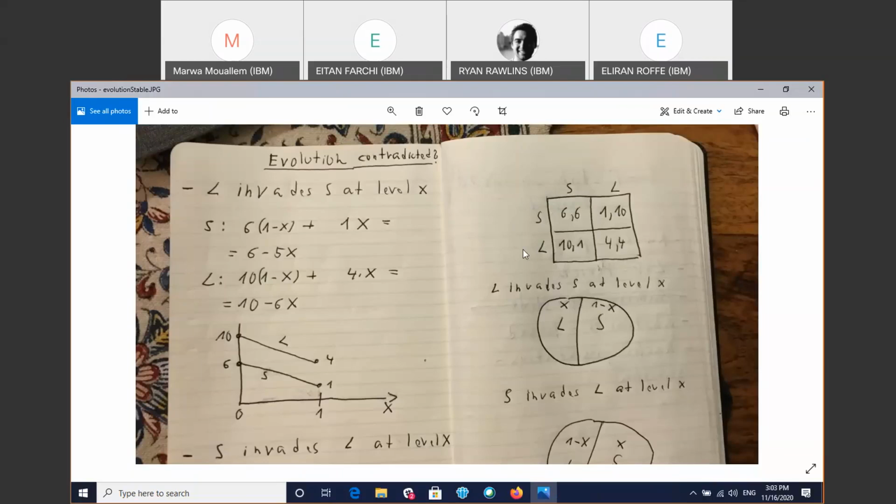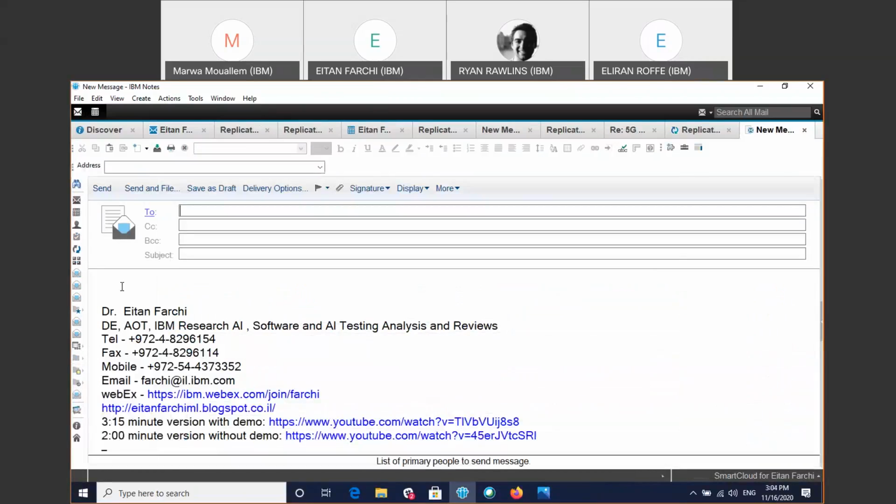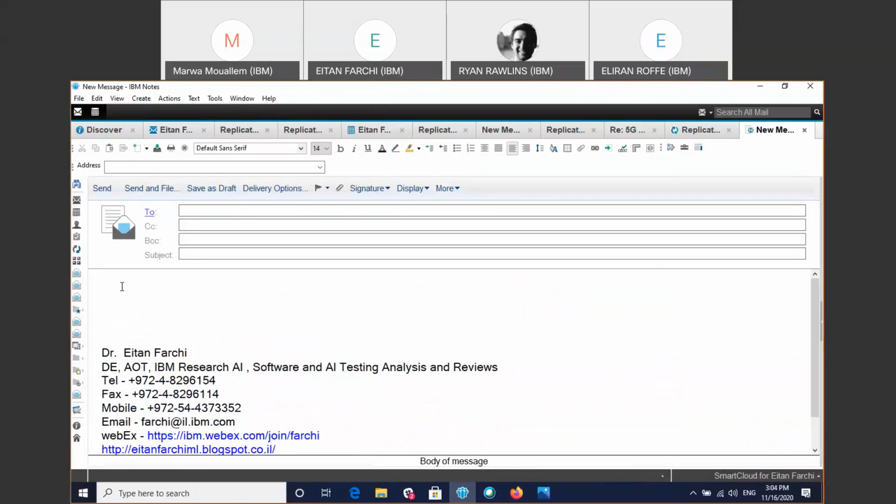So maybe I'll remind us what a Nash equilibrium is. If this is the payment and X and Y are actions, a Nash equilibrium is such that if player number 2 changes its action to Y prime, then it loses.